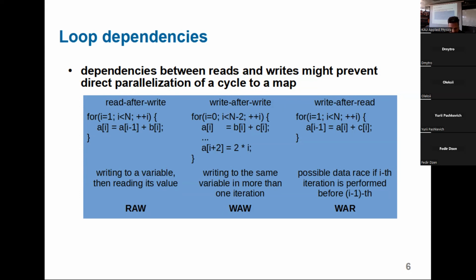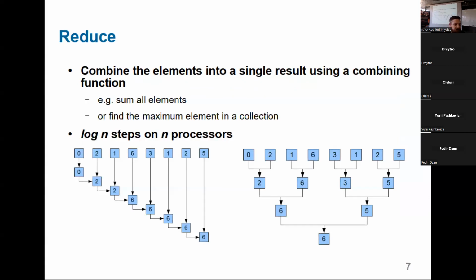The second basic, or fundamental, parallel algorithm is called reduce. A reduction is a combination of elements into a single result using some predefined combining function. So for example, the sum of all elements, a very typical one. Or finding the maximum element in a collection.